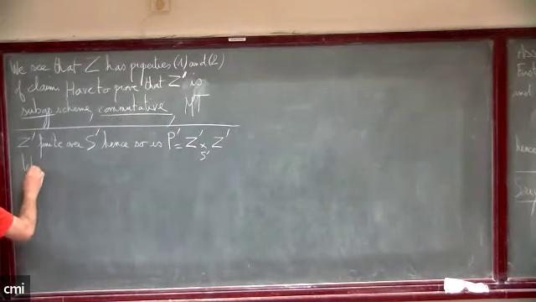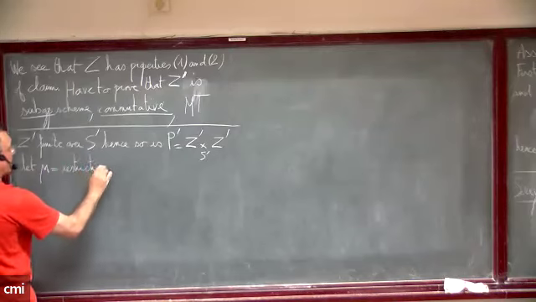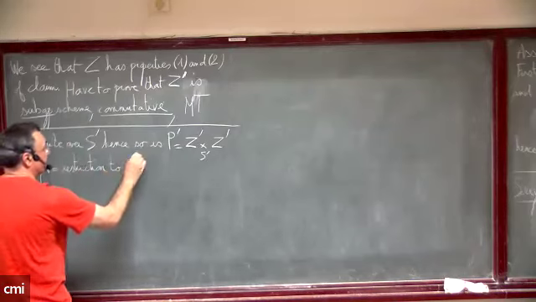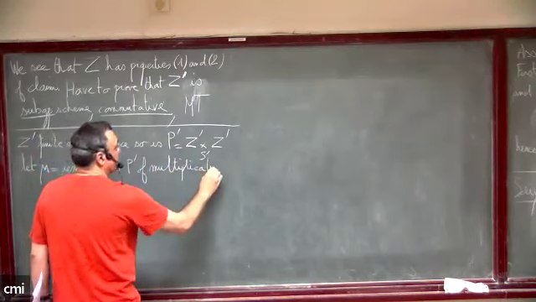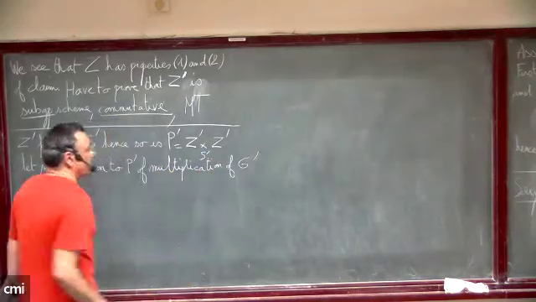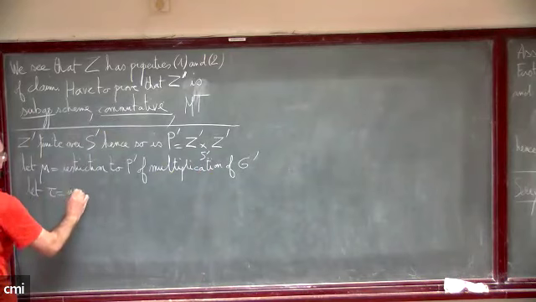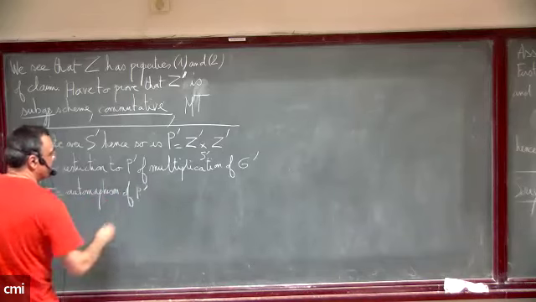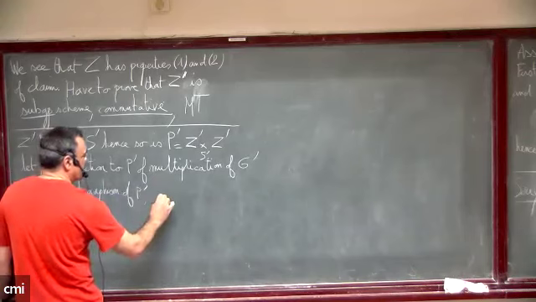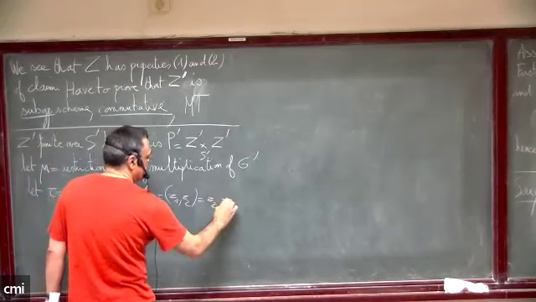Let mu be the restriction to P prime of the multiplication of G prime, and also let tau be the automorphism of P prime such that tau of (z1, z2) is (z2, z1).